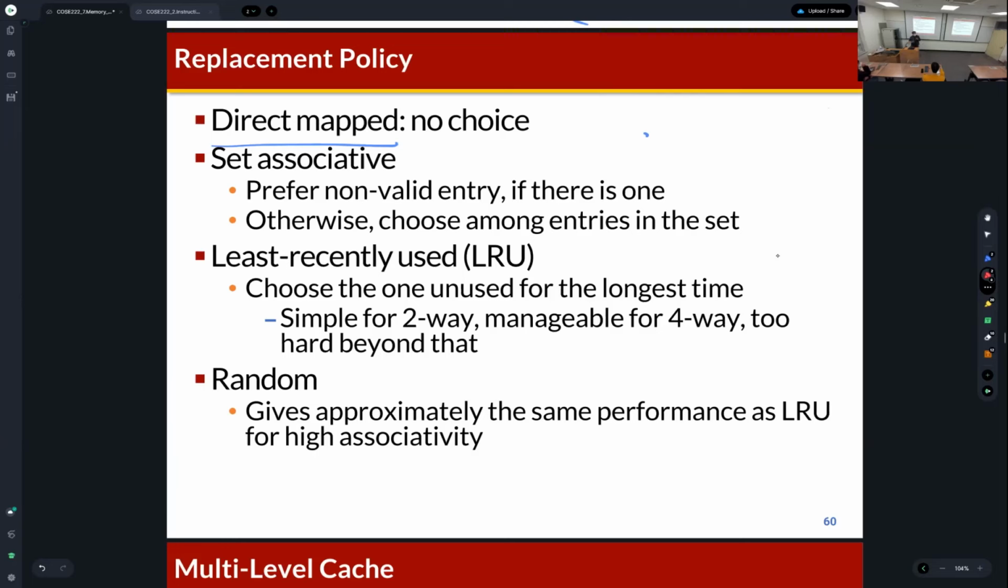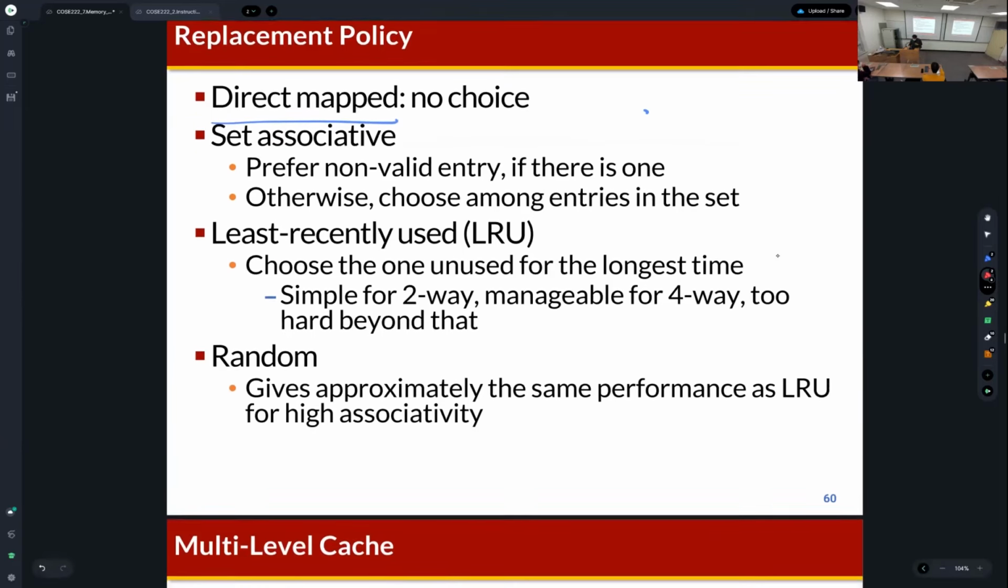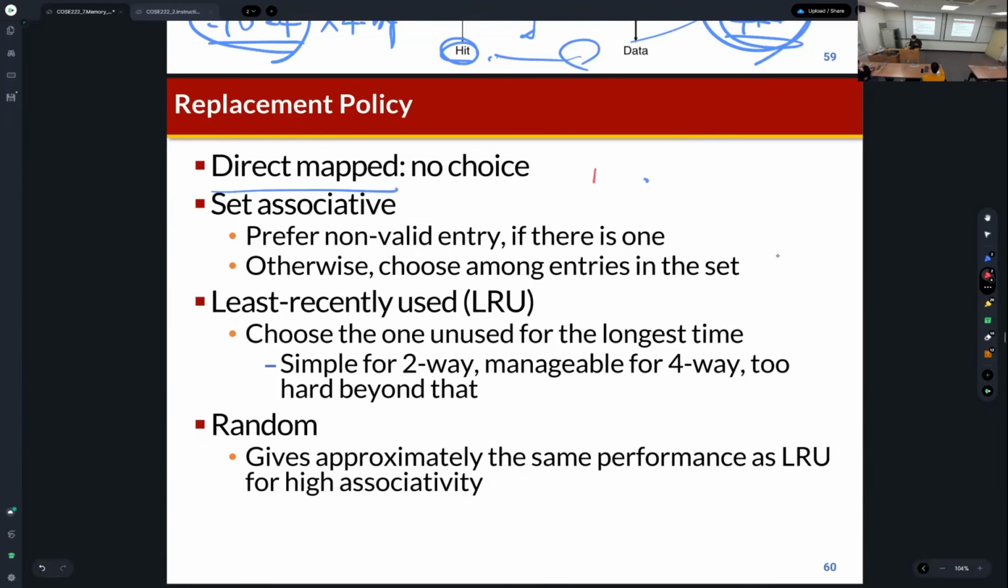But if we use the multi-way set associative cache, then a target set can include multiple blocks. If all blocks are valid, let us assume that a cache miss happens.